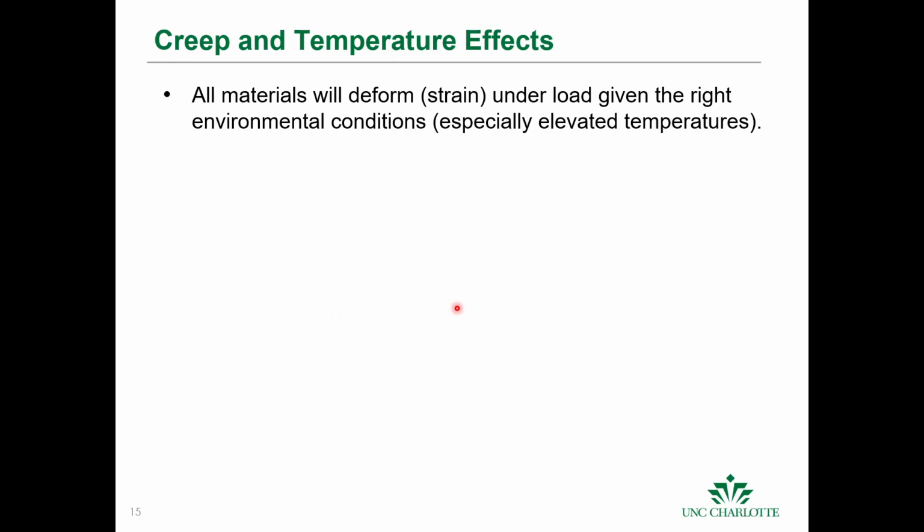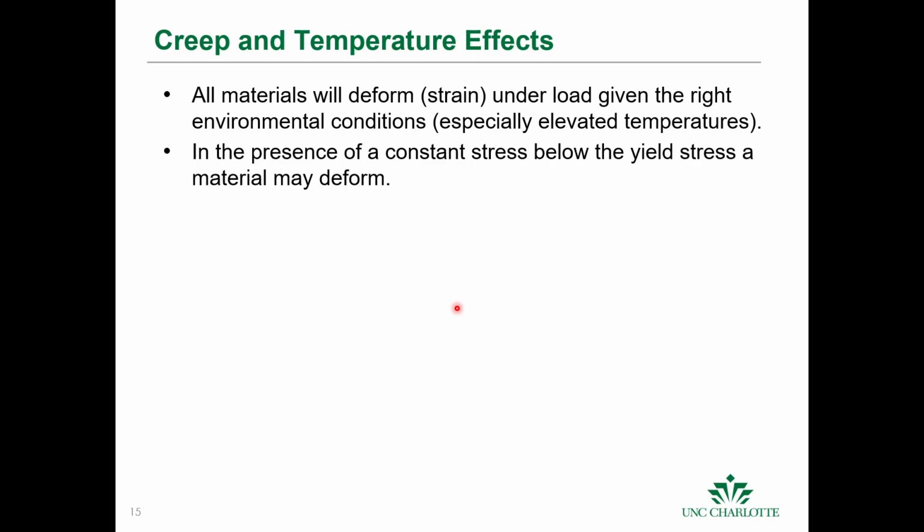So, creep and temperature. Creep is the phenomenon that a material continues to deform under a static load. All materials will deform under load, given the right environmental conditions. For structural components and steels, this is especially true at elevated temperatures.